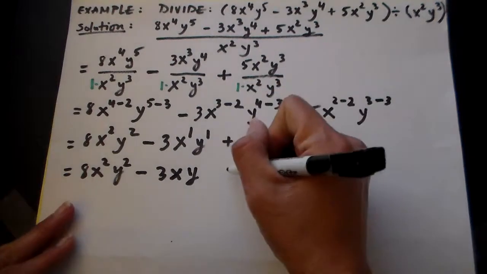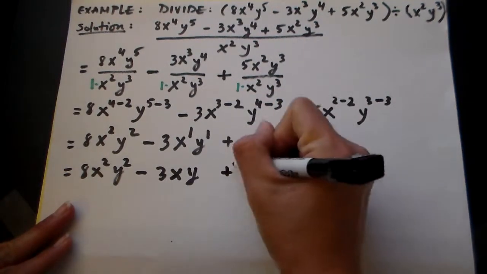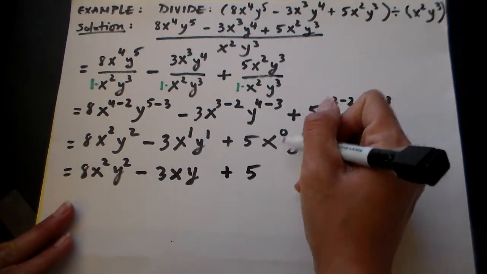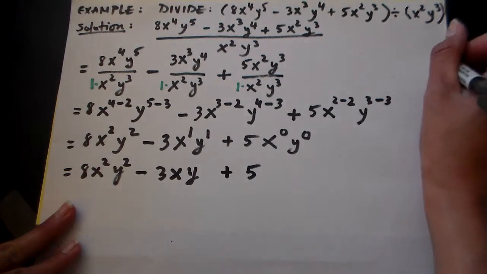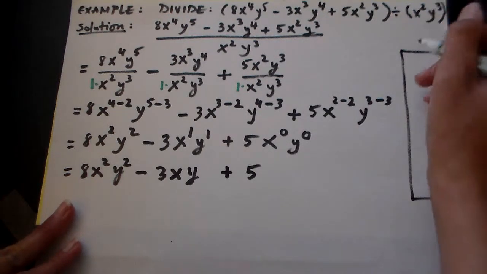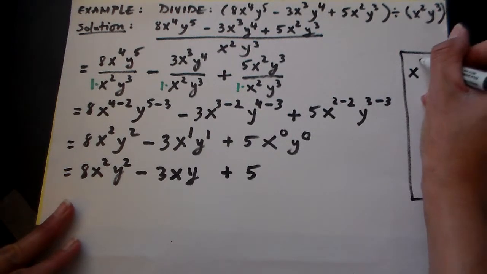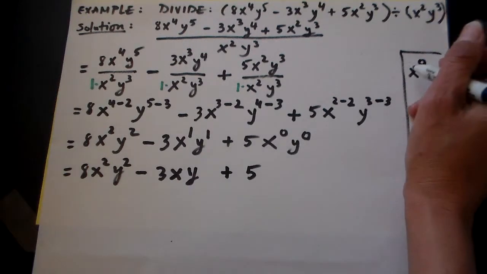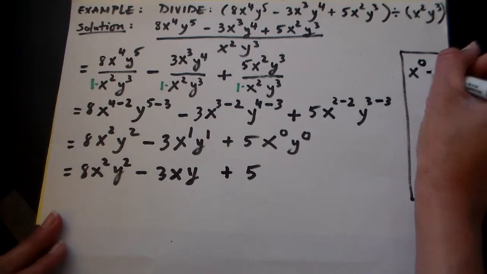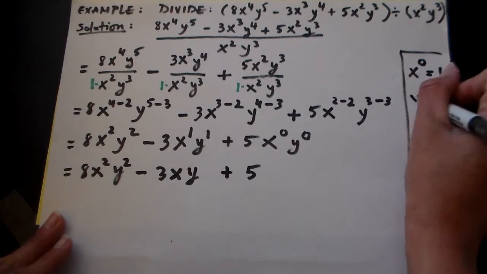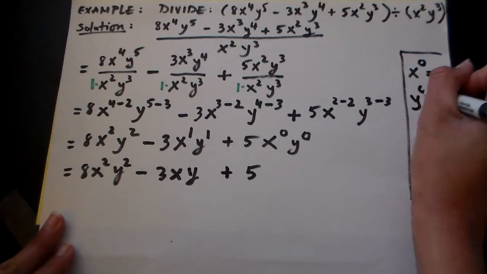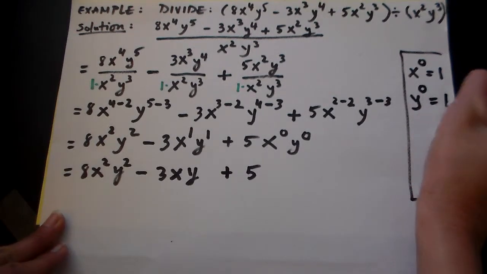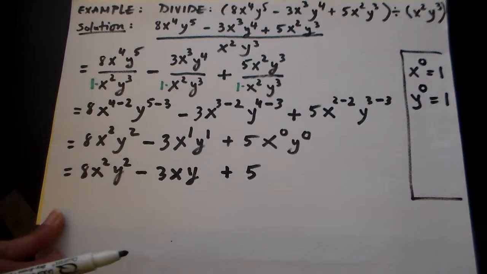Now for the last term, plus 5, x to the 0 is 1. Now this is by definition. Okay, by definition, x to anything that has the power 0 is equal to 1. And similarly, anything raised to the power of 0 is 1. This is by definition, and you learned this before.